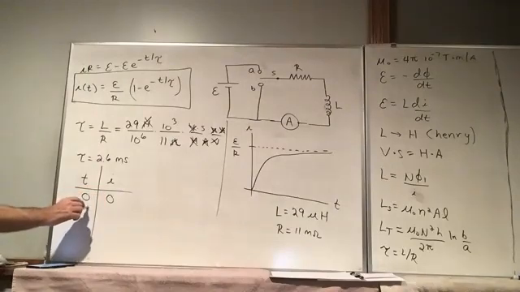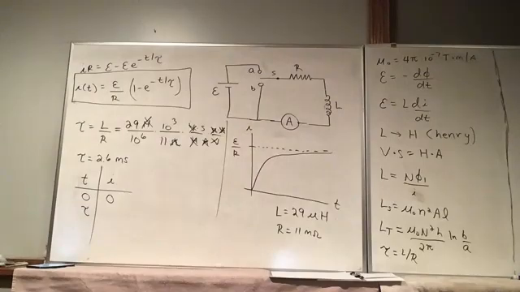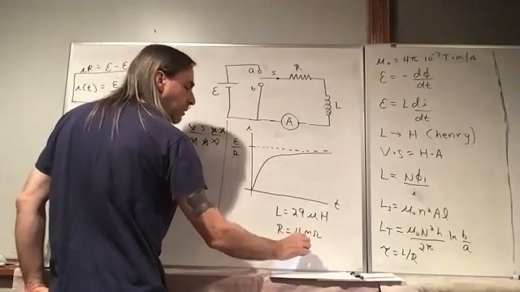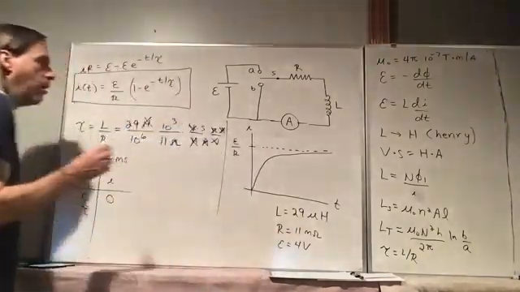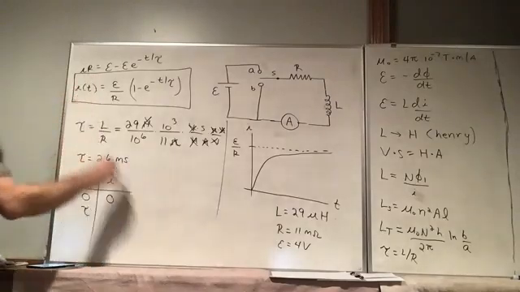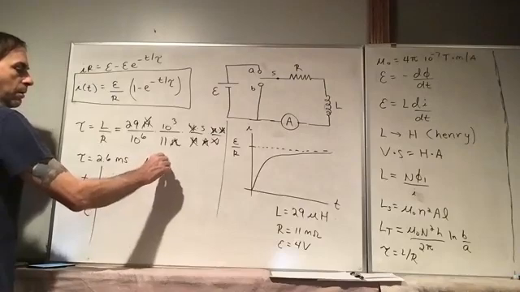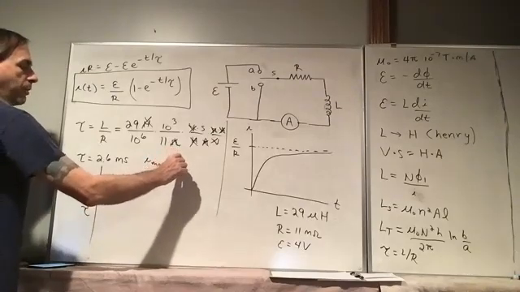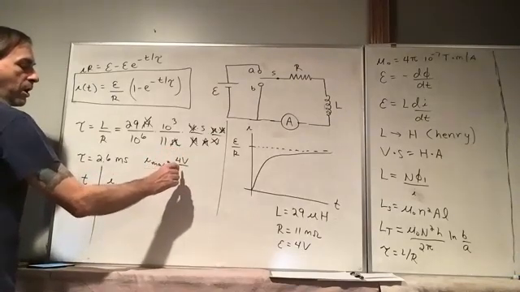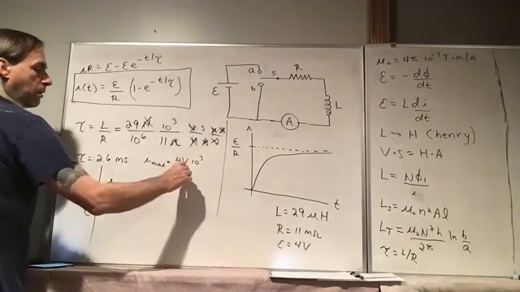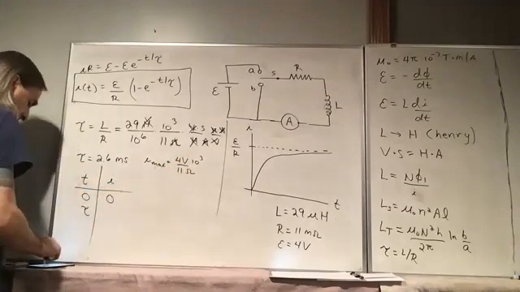And then let's look at what happens after one time constant. Let's find the maximum current. Say that the EMF is 4 volts. Remember, the maximum current is epsilon over R. So we'd have 4 volts over 11 milliohms. So let's do that.